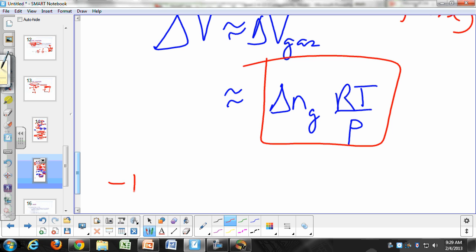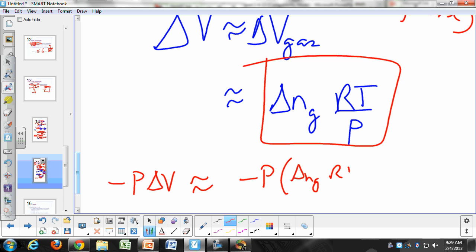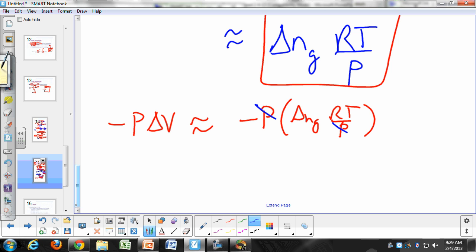So you can say your minus P delta V is approximately equal to minus P times delta n gas RT over P. So your P cancels out. So minus P delta V would be approximately equal to delta n gas times RT.